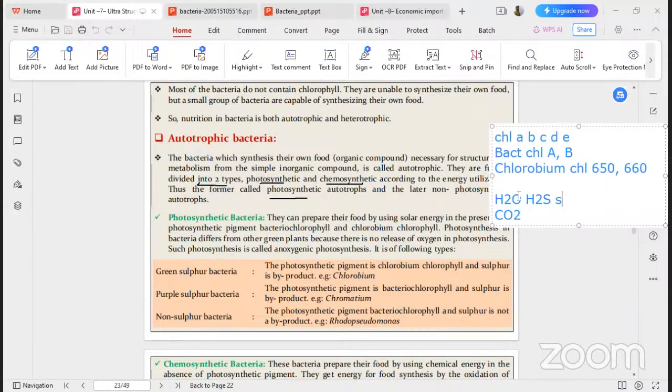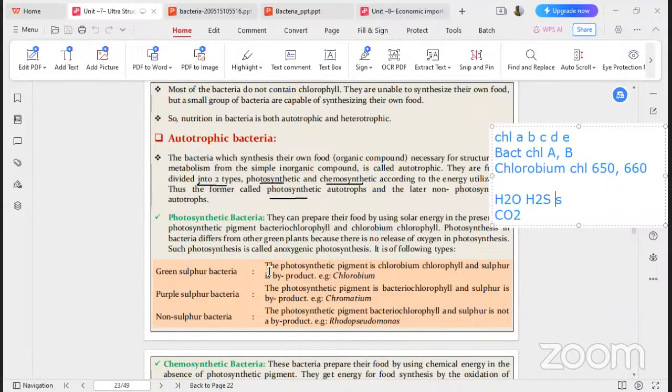Why? Because instead of H2O, H2S is participating. Based upon this reaction, we know oxygen is evolving from the water molecule, not from carbon dioxide.